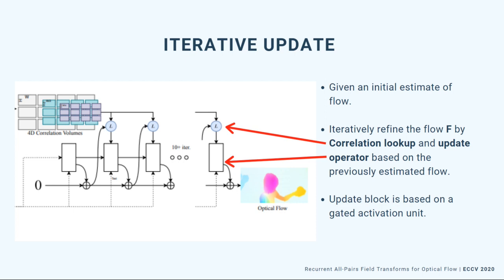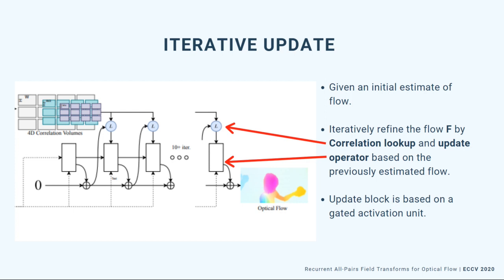So the update block is based on the gated activation unit, and we can understand this network as a kind of recurrent neural network.